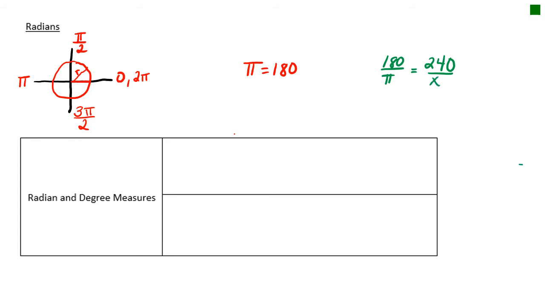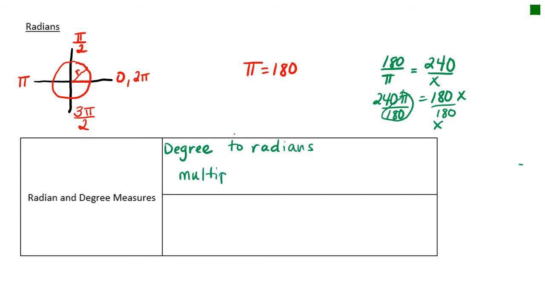So we would cross multiply: 240 times pi equals 180 times x, and we divide by 180. So x would be the degrees times pi divided by 180. So if we want to go from degrees to radians, we're going to multiply by pi over 180.